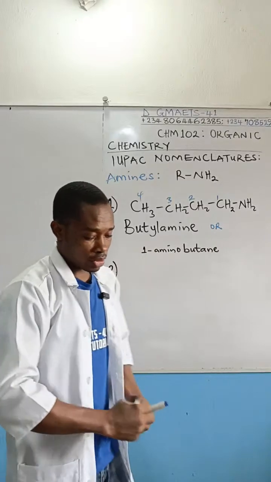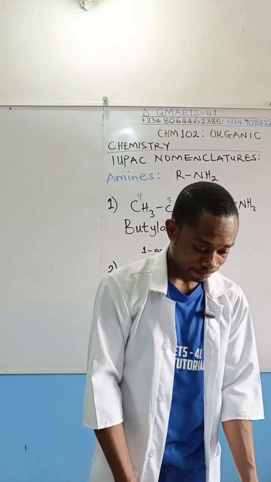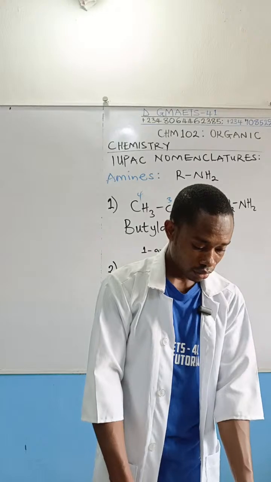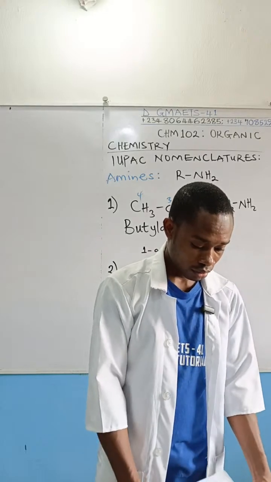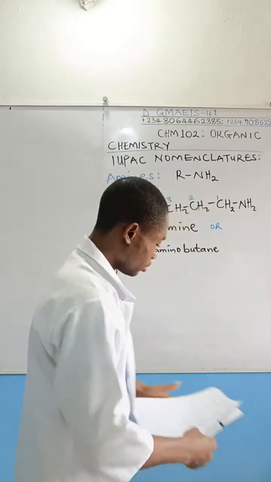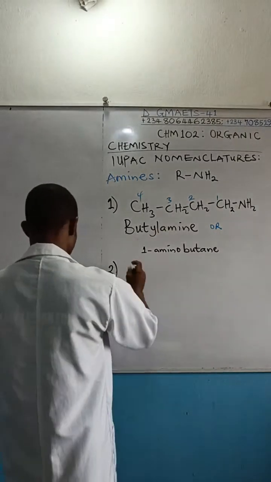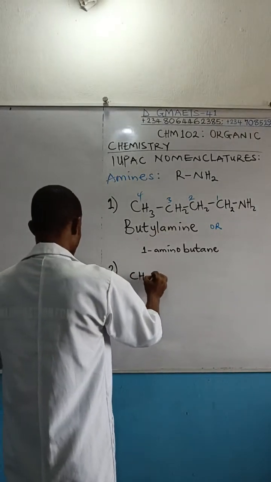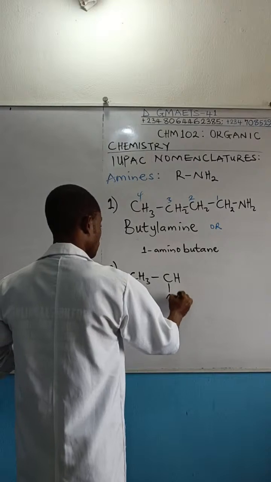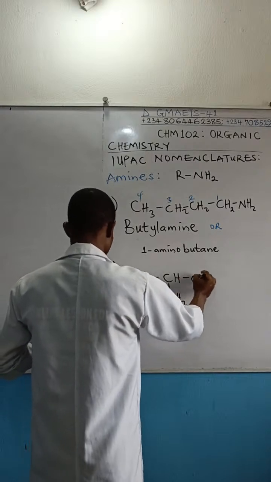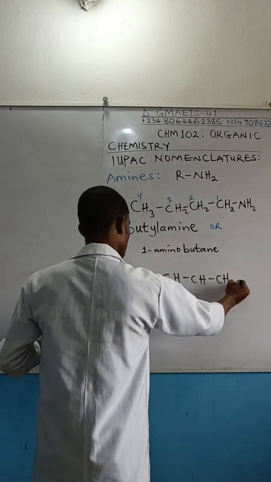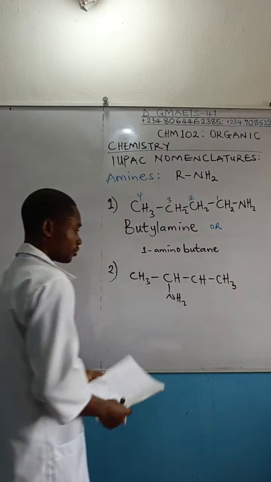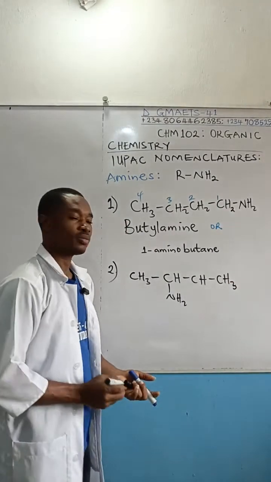We move on. Number 2 structure I want to see. Now look at this. CH3, CH, NH2, CH, and then CH3. You see this?